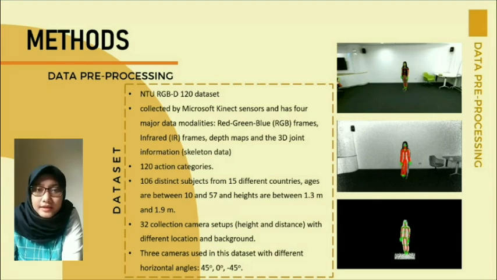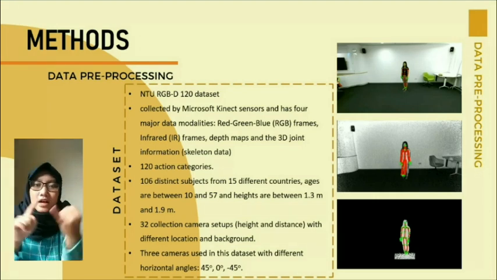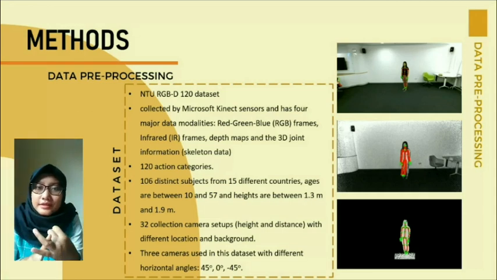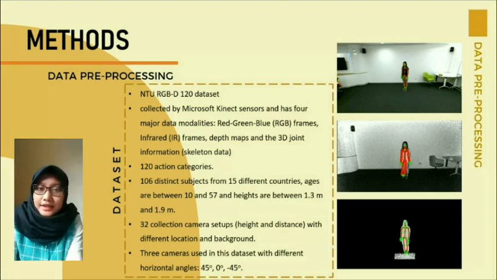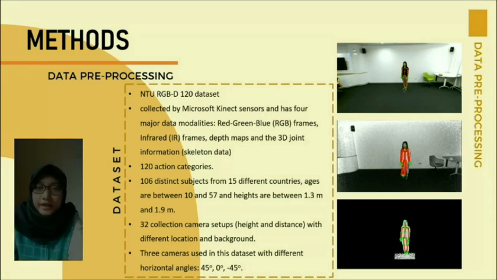This dataset is collected by Microsoft Kinect sensors and has four major data modalities. First is RGB frames, second is infrared frames, third is depth maps, and the last one, which we use, is the skeleton data. As you can see here, there are examples of the RGB videos, the infrared videos, and the depth map images.